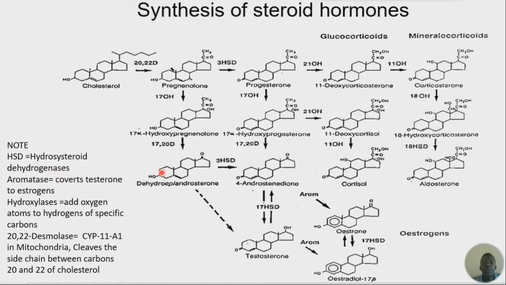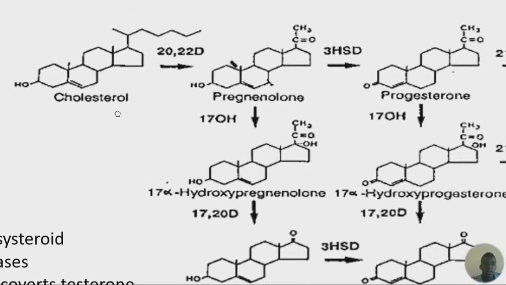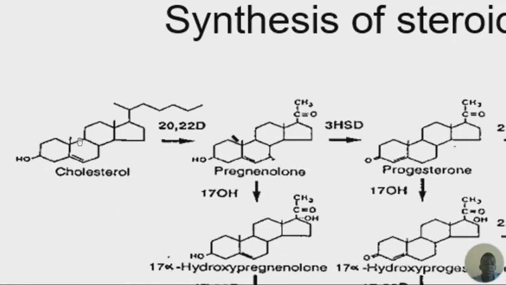Okay, look at this now in synthesis. When you have cholesterol, you have a desmolase which will cleave off the side chain. Cholesterol has 27 carbons, so the side chain between carbons 20 and 22 will be cleaved off.